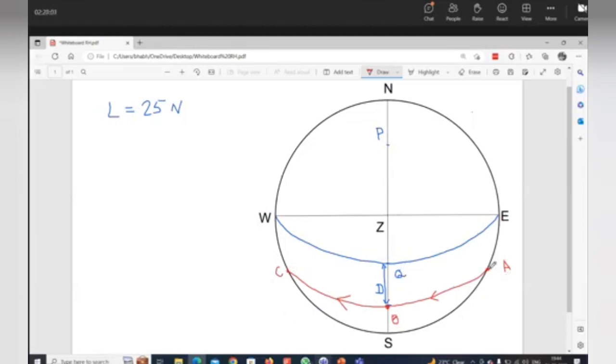So, body is rising at point A. Let us join Z with A. This angle here, beta, is the amplitude. This is the rising amplitude of the body. East so many degrees south will be the amplitude. Okay, sir. Thank you.